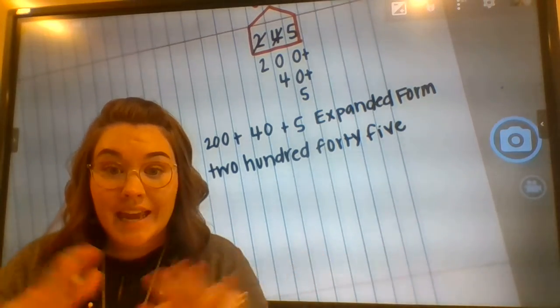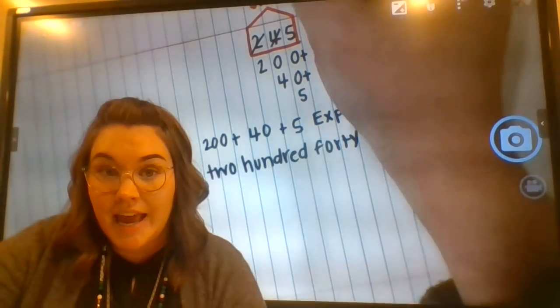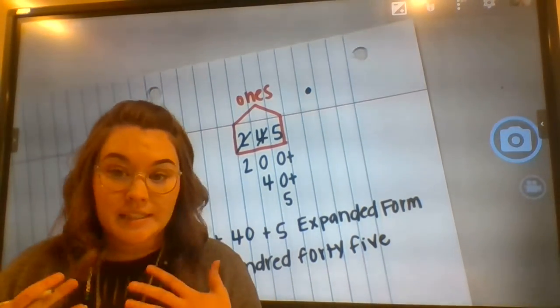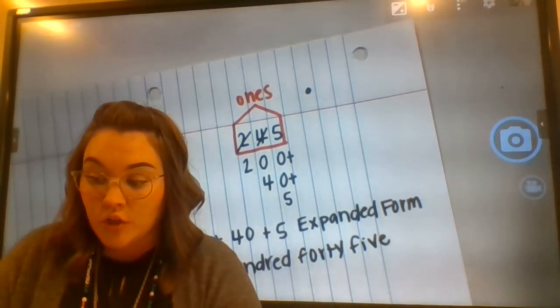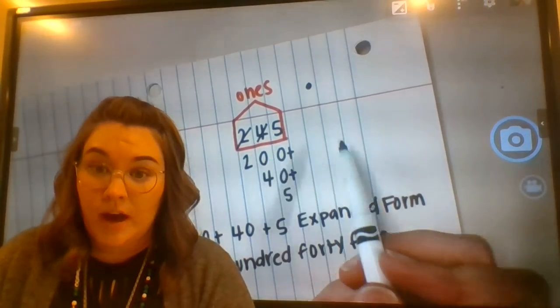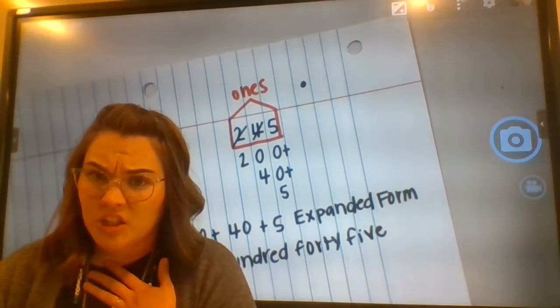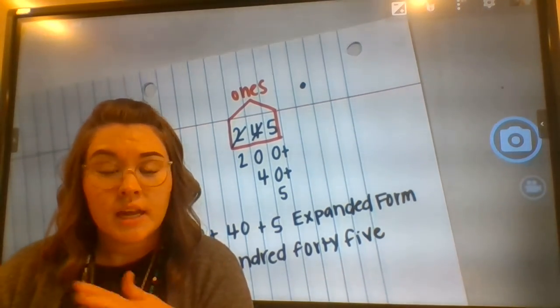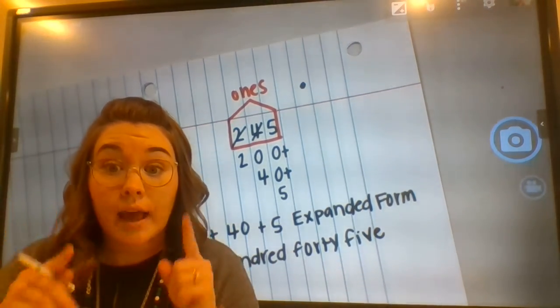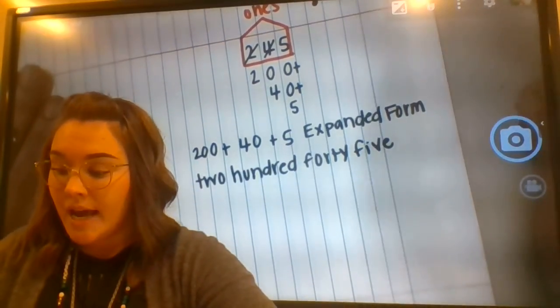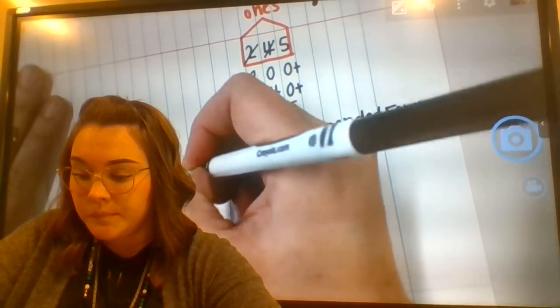We do not say "and" unless I see a decimal point. That is the only time that I get to say "and" when I'm reading a word. So this isn't "two hundred and forty-five." It's just "two hundred forty-five." I have a big problem with that too. Don't worry, we're just going to practice it. Unless you see a decimal point, you're not allowed to say "and." Capiche?